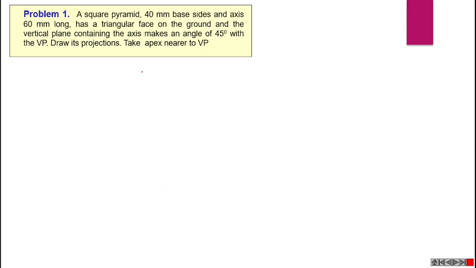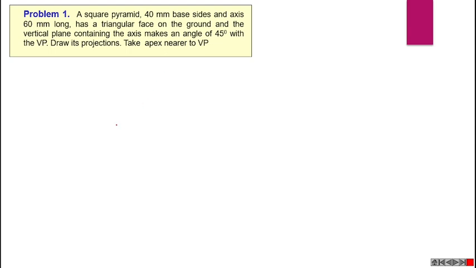Here the square pyramid has a 40 mm base side and axis 60 mm long, so we can draw the base figure in such a way that the condition is the square pyramid resting on a triangular face on the ground.